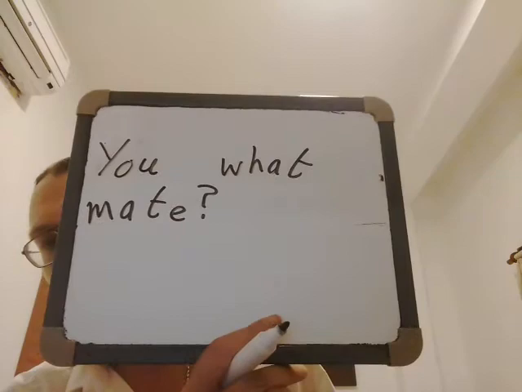On the opposite end of the spectrum, we're going to look at a phrase with the unfriendly mate. So the really angry mate is the you what mate. You what mate.